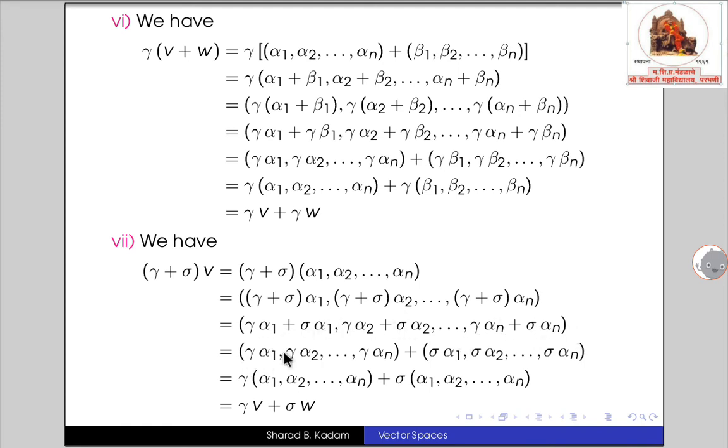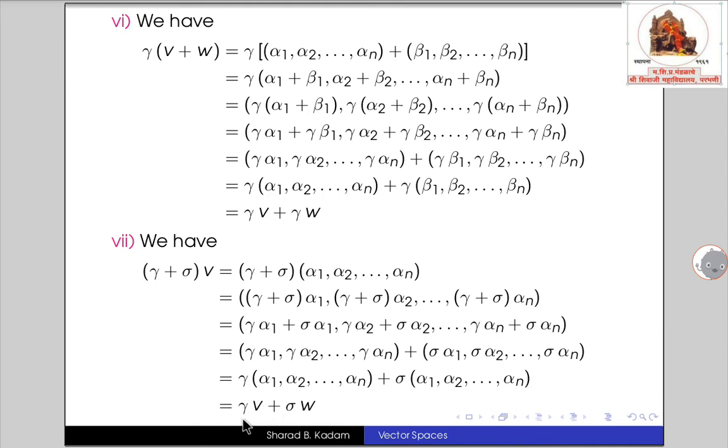This equals, in brackets, (gamma alpha 1, gamma alpha 2, gamma alpha n) plus (sigma alpha 1, sigma alpha 2, and the last nth component sigma alpha n). Now we take gamma outside the bracket and sigma outside the bracket. So we are left with gamma into (alpha 1, alpha 2, alpha n) plus sigma into (alpha 1, alpha 2, alpha n).